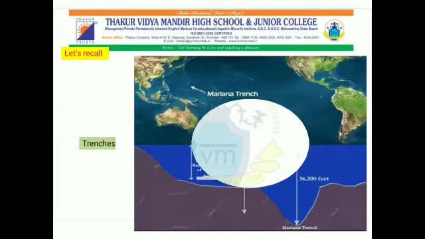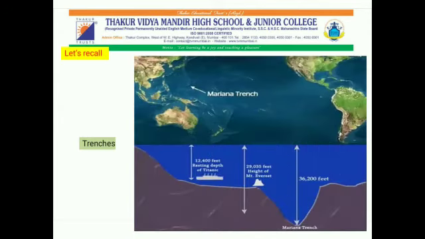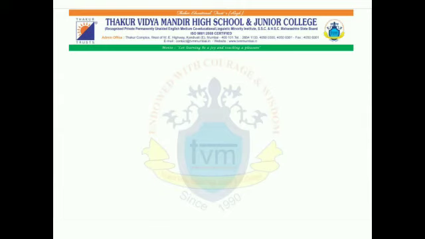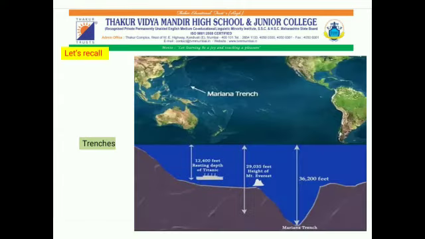What are the trenches? On the ocean bed, there are some landforms which are deep, narrow and steep.